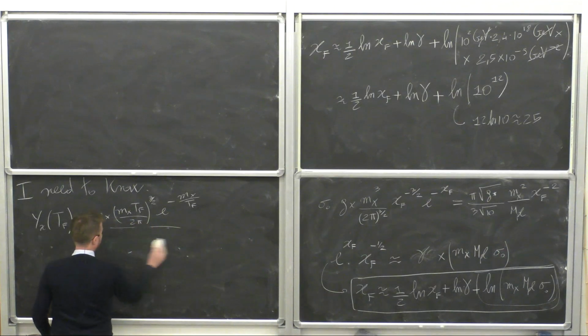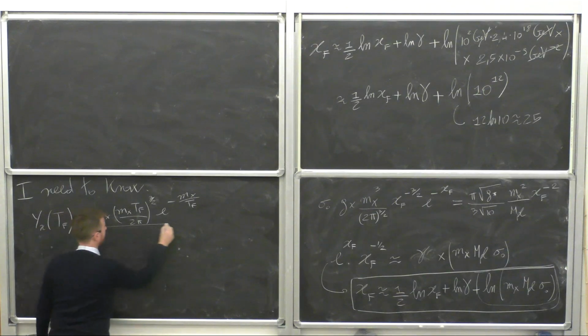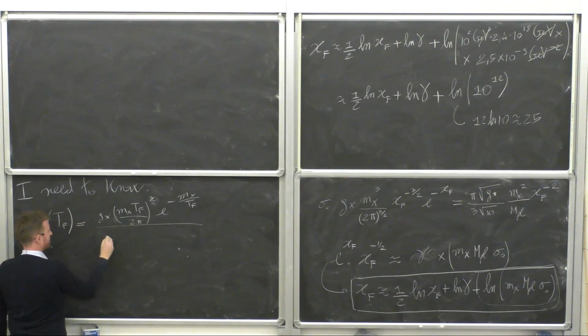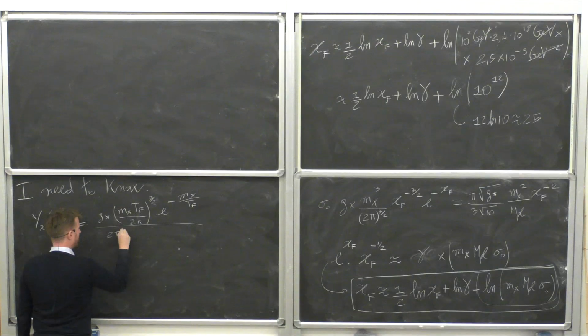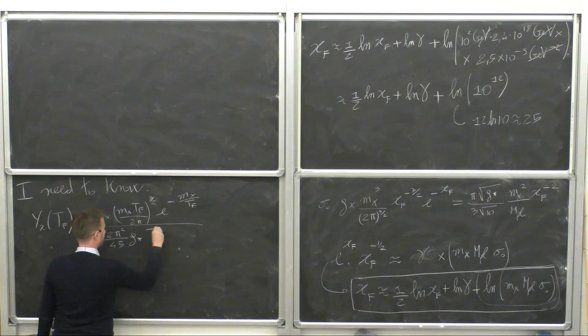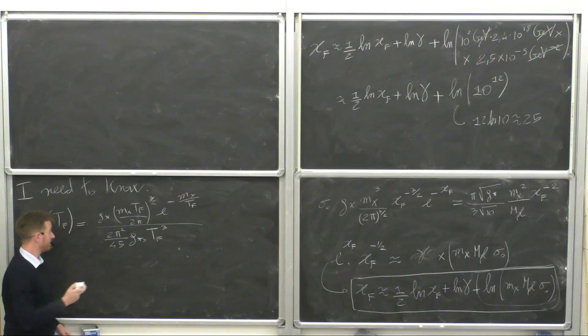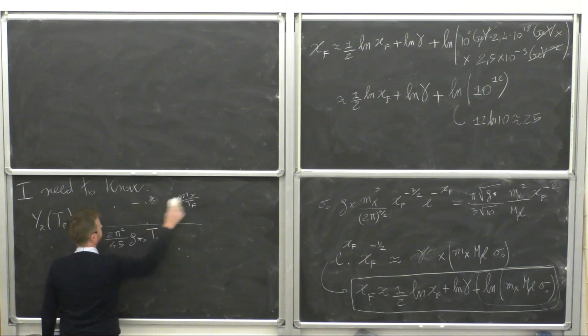This is not the best way, even though it's a definition. There is not much freedom in choosing the denominator, because the denominator is the entropy density at the freeze-out. But for the numerator, we can do something clever.